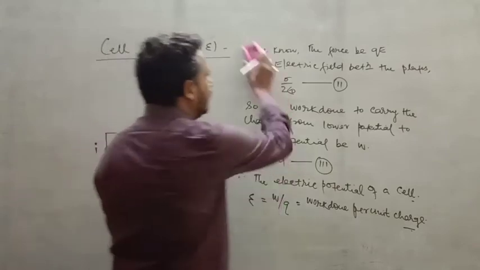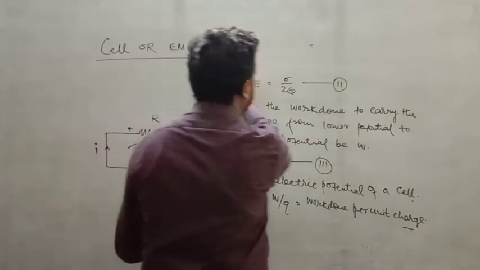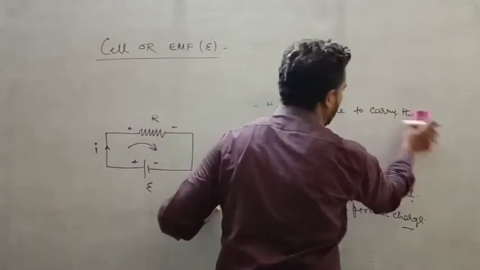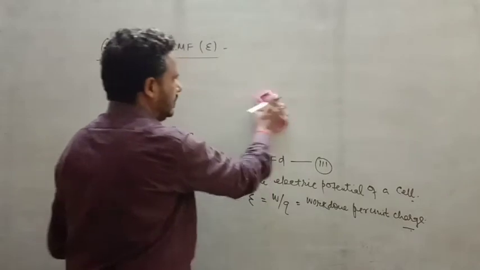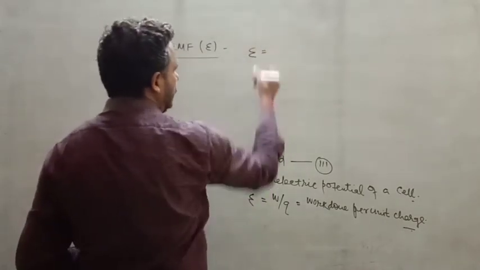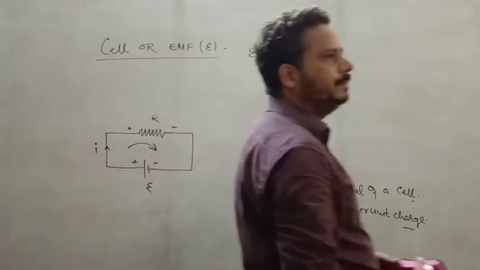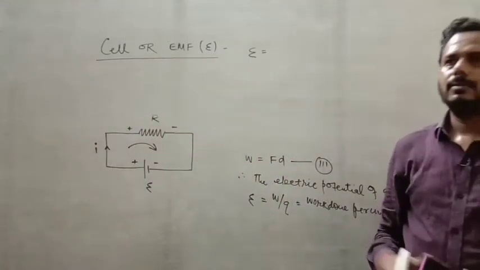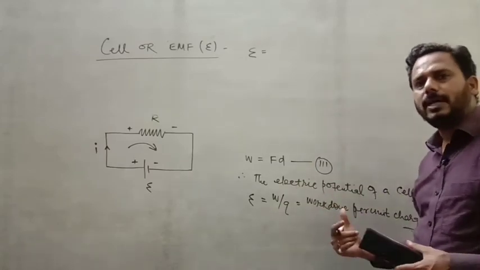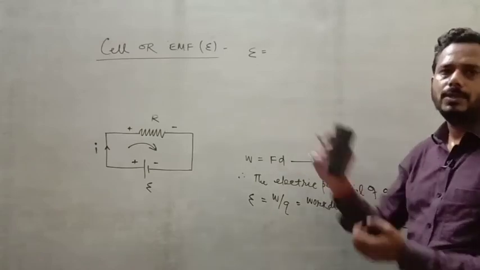Okay, now the EMF, just evaluate this one. The EMF of the cell is work done per unit charge. Per unit charge means you have to carry this unit charge from lower potential to higher potential.